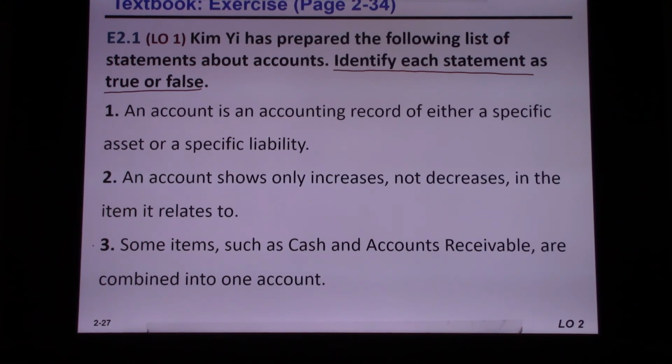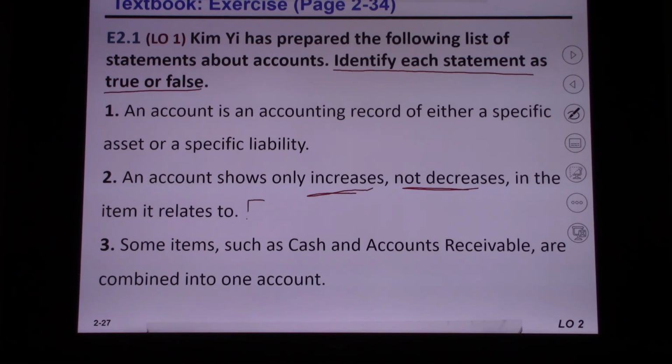We have stated that an account is a record or a summary of increases or decreases in a specific asset, liability, or owner's equity, revenue, and expenses. So this is false. An account shows only increases, not decreases, in the item it relates to. We have stated that it shows both increase and decrease in the items it relates to.